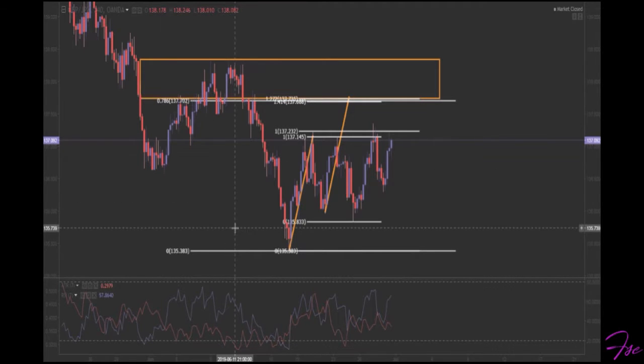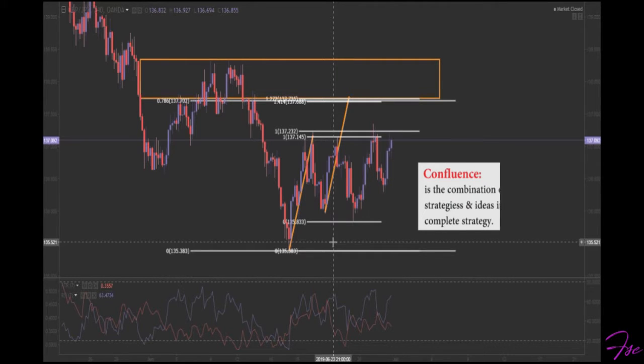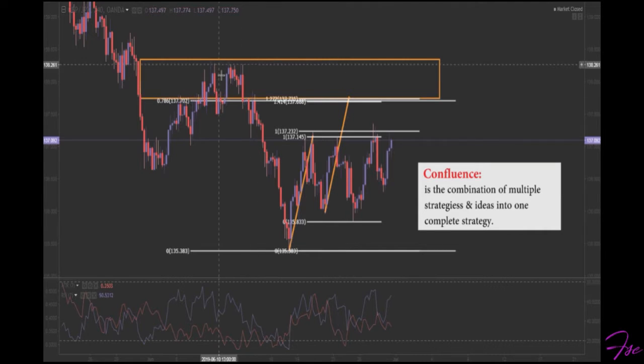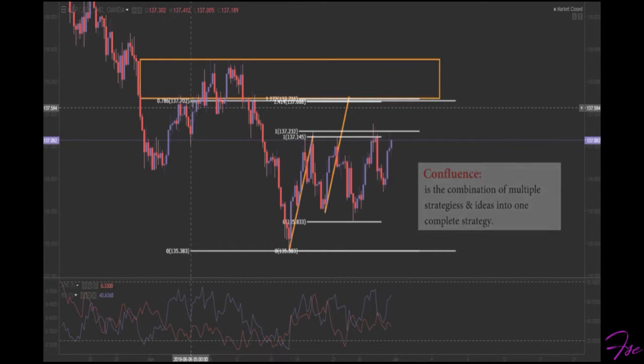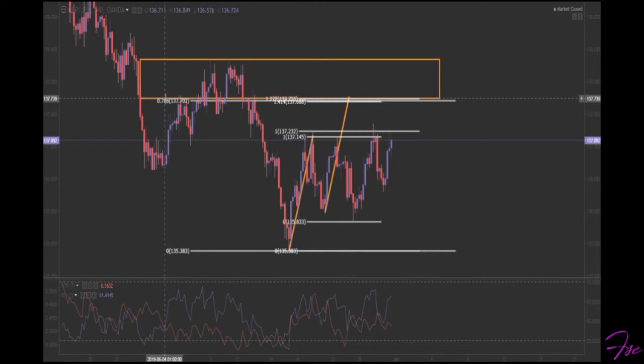More importantly, we've got a 78.6 fib retracement level. So what we're doing is building out confluence where price is likely to go and find some sort of resistance. I took a retracement from this high to low, and we had the 78.6 lining up right by our kill zone.